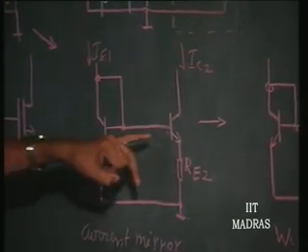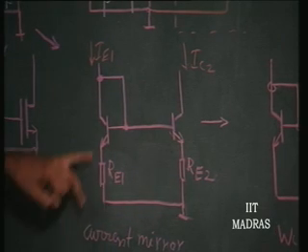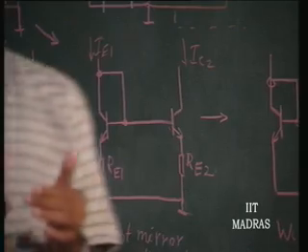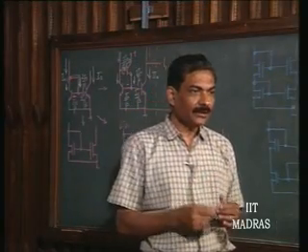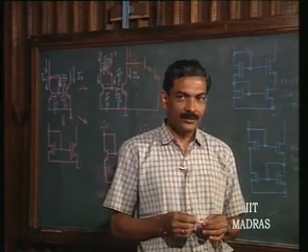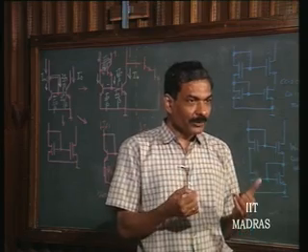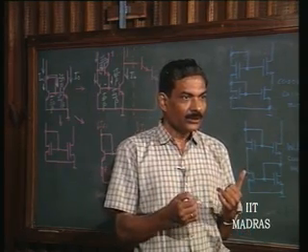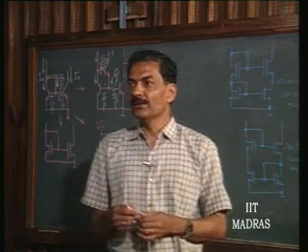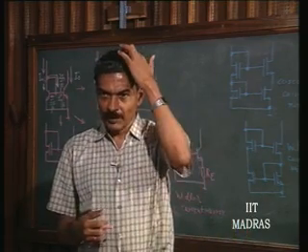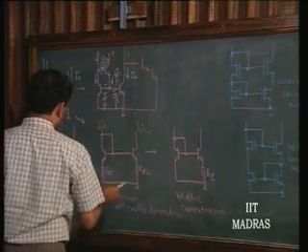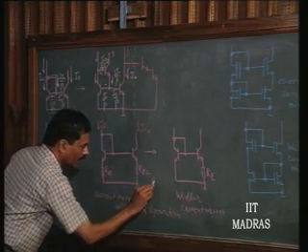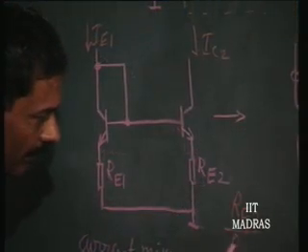So, IE2 into RE2 is equal to IE1 into RE1. So, you have the current ratios determined by resistor ratio. So, apart from improving the output impedance, the emitter degeneration resistor causes also you to choose the current ratio the way you want. So, current ratio can be made different from 1 based on the resistor ratios RE2 by RE.